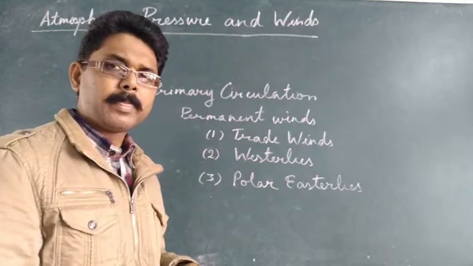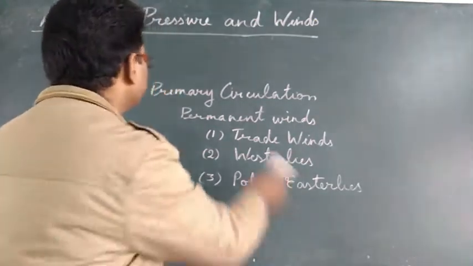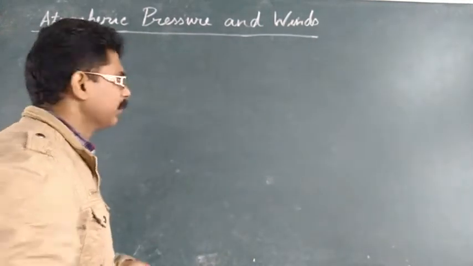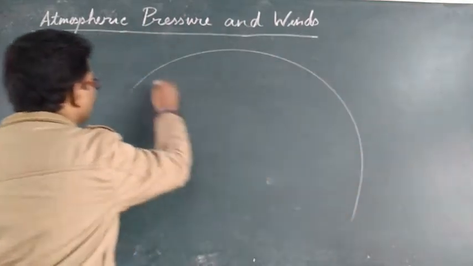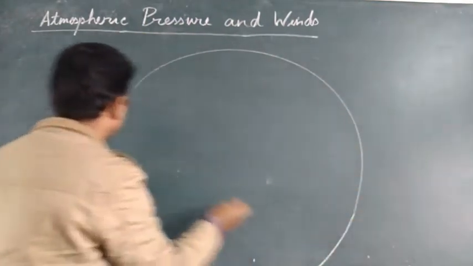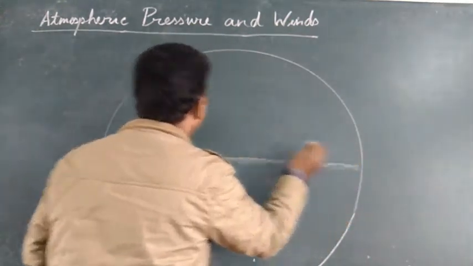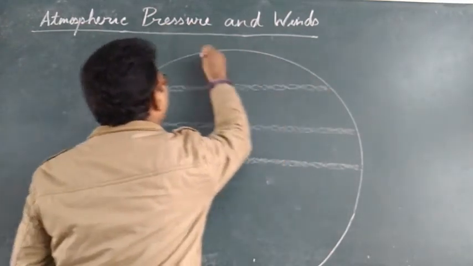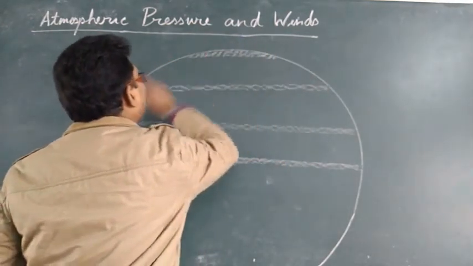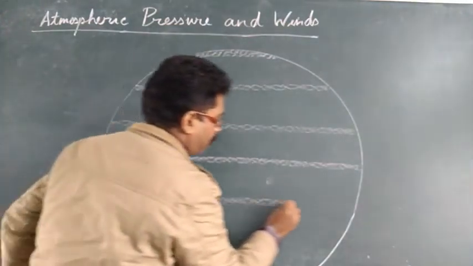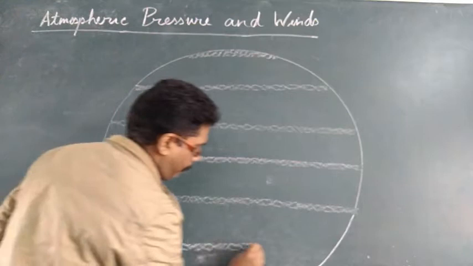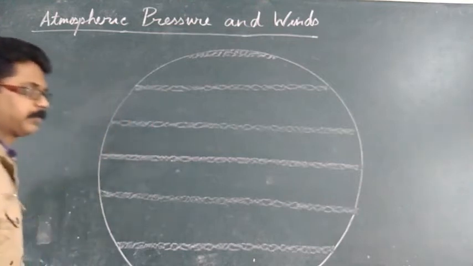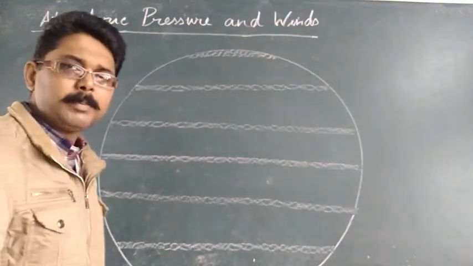Now let me explain with the diagram. These are the permanent pressure belts as I explained.